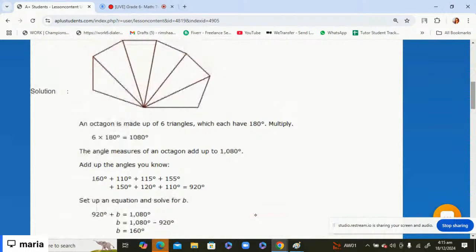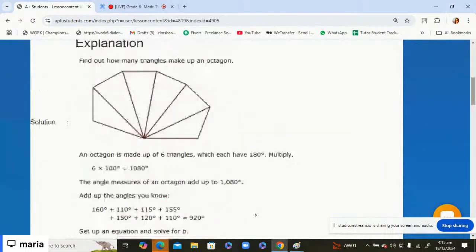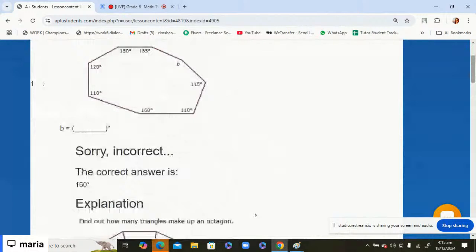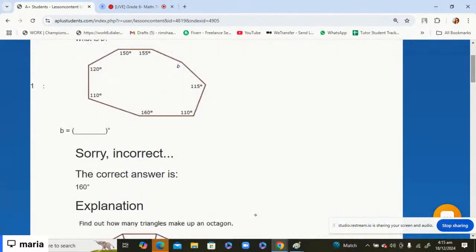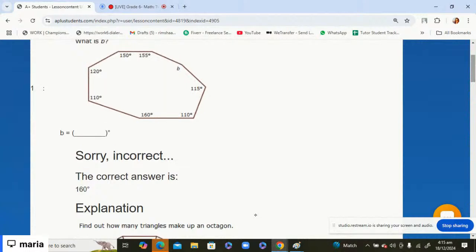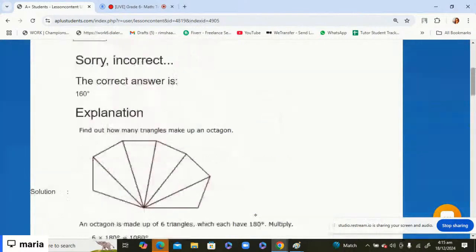Now you're going to add it. One angle is 160, 110, because 110 is both 160, 110. Then 115 and 155.